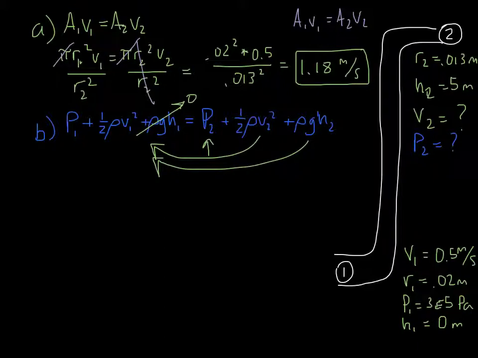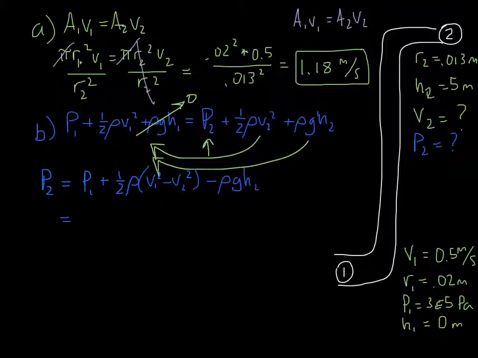So I'll bring these other terms over to this side of the equation, which gives you P2 equals P1 plus 1/2 rho V1 squared minus 1/2 rho V2 squared. I'll factor out the 1/2 rho and make that 1/2 rho times the quantity V1 squared minus V2 squared, and then minus rho g H2.